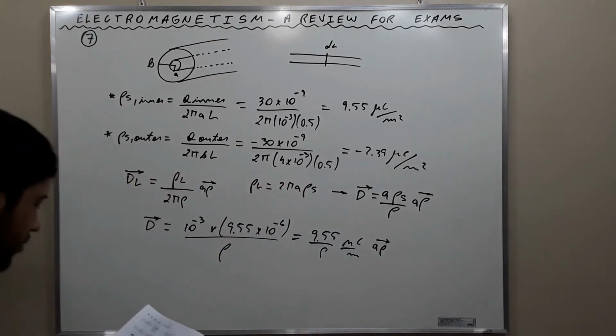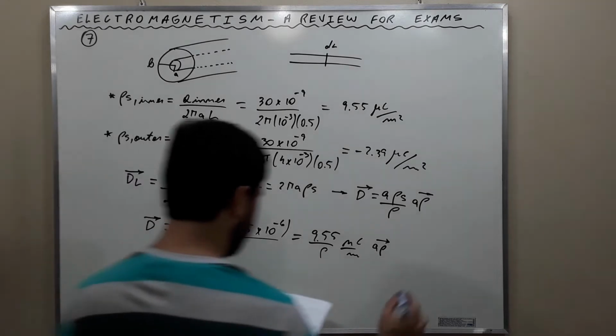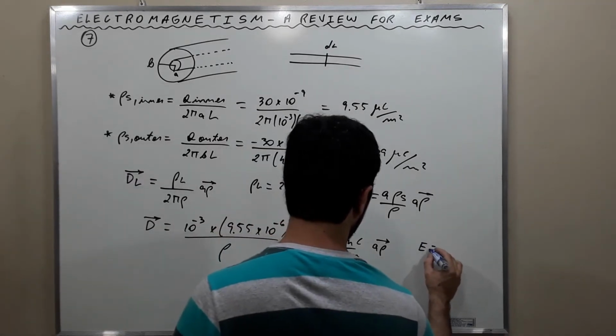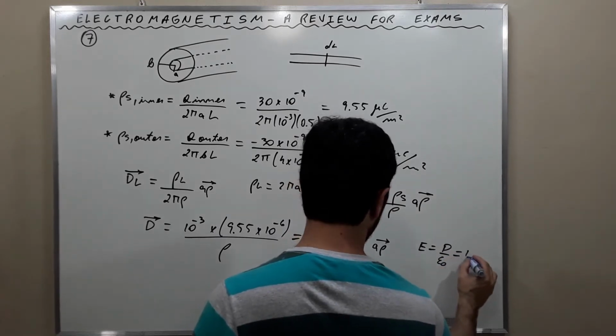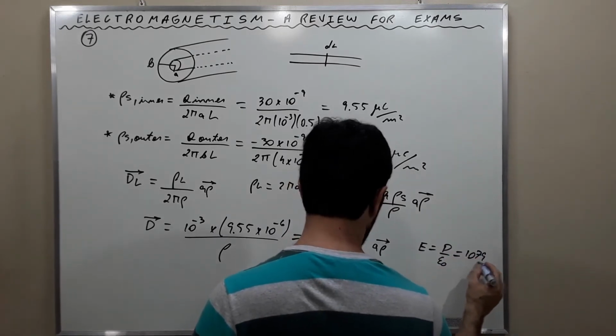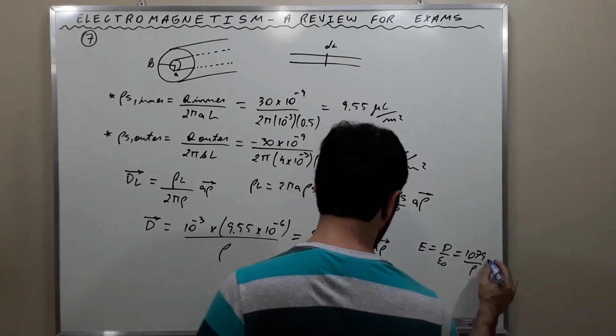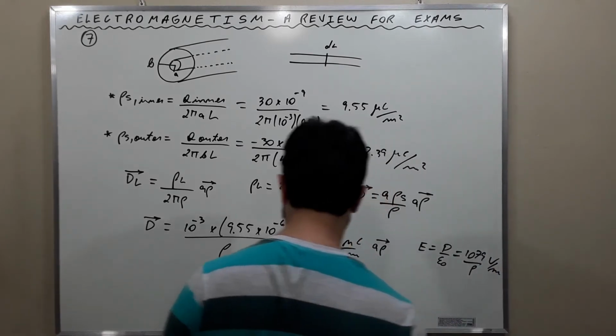And the electric field is going to be D over epsilon 0, and this is 1079 over rho volts per meter.